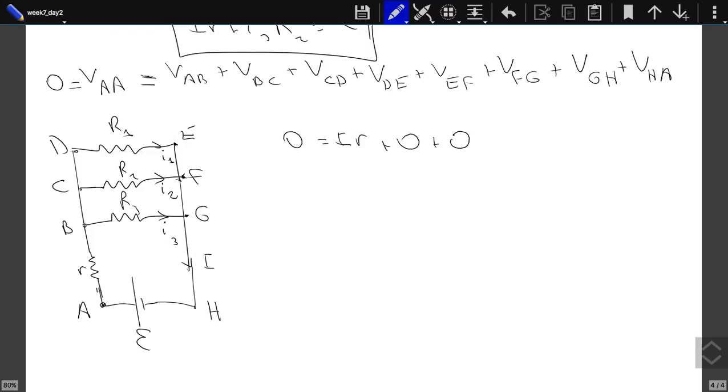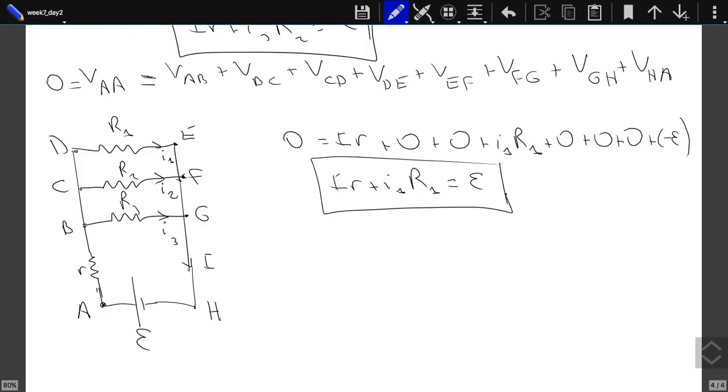DE, I1 times R1. EF, FG, GH, HA, minus epsilon. So we have IR plus I1 R1, which is equal to epsilon.